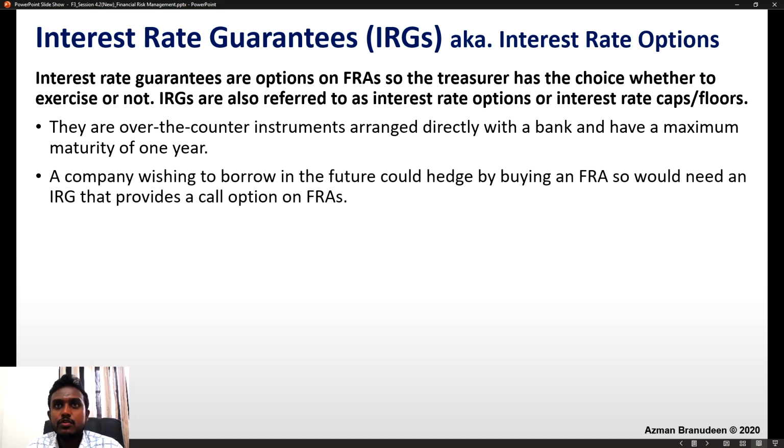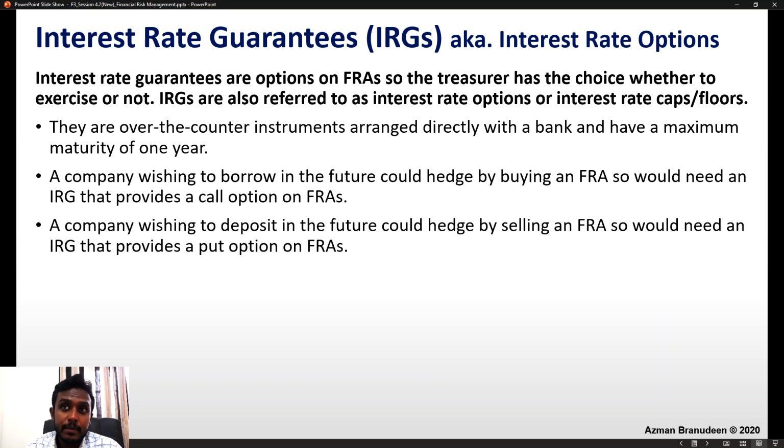A company wishing to borrow in the future could hedge by buying an FRA, so would need an IRG that provides a call option. A company wishing to deposit in the future could hedge by selling an FRA, so right to buy and right to sell. Right to buy, a call option; right to sell, a put option.